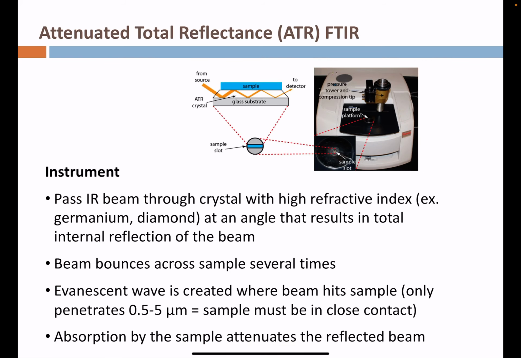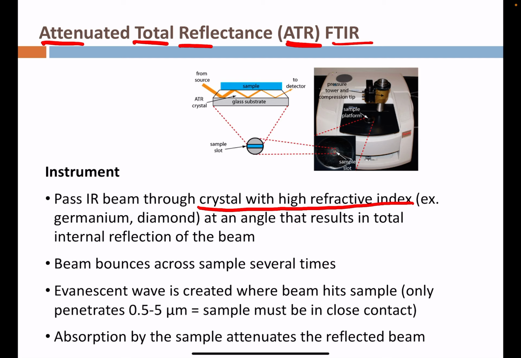What we use in labs, and what is becoming very common across the country, is called attenuated total reflectance, or ATR. An ATR accessory is often installed on FTIR spectrometers, and this works by bringing light through a crystal which has a high refractive index, at such an angle that there's total internal reflection along that material.